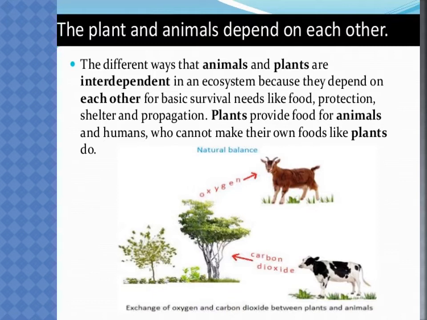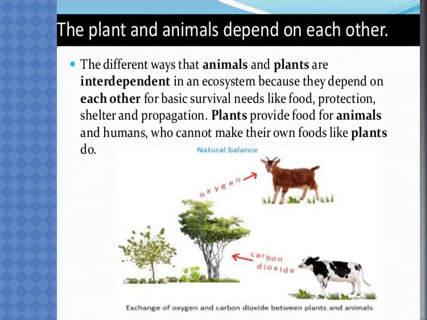Bacteria and fungi help carry out the decay and rotting of dead plants and animals. They help to return minerals from the bodies of plants and animals back to nature. That goes into the soil, which increases the nutrient content and fertility of the soil.